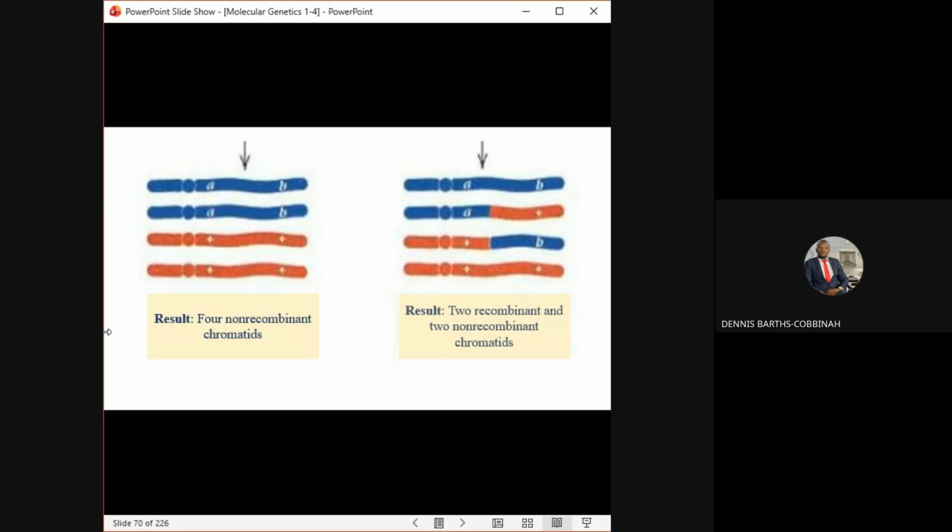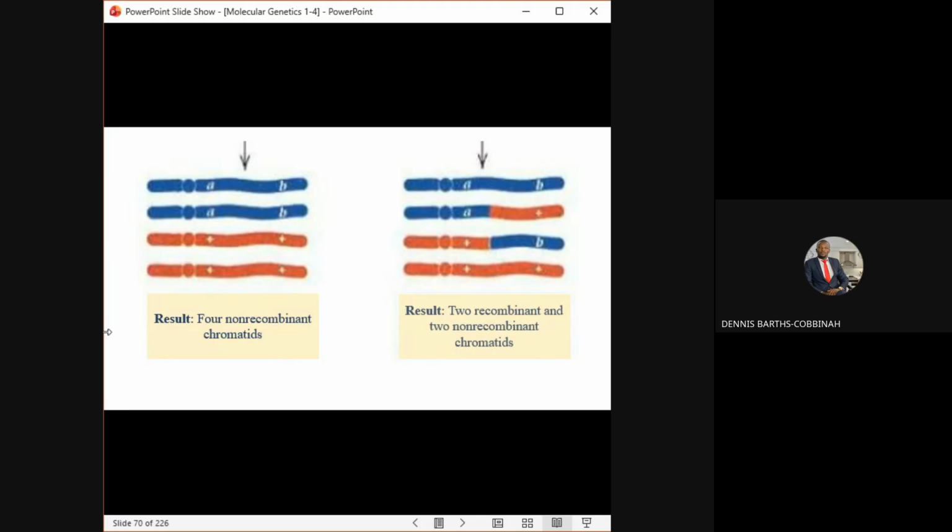Finally, if you have the cell dividing, you have an individual having both blue and red portions of the chromosome present in a gamete.